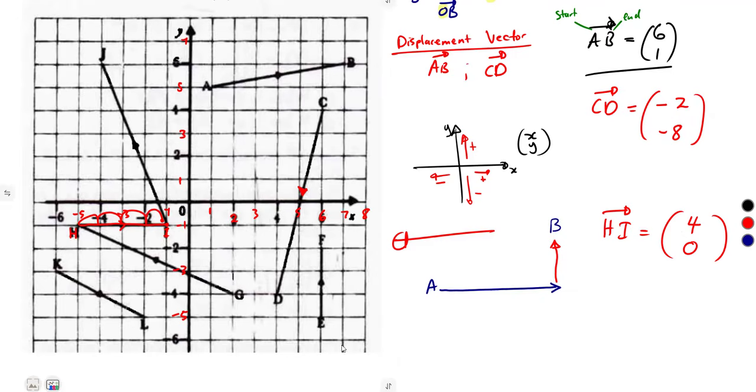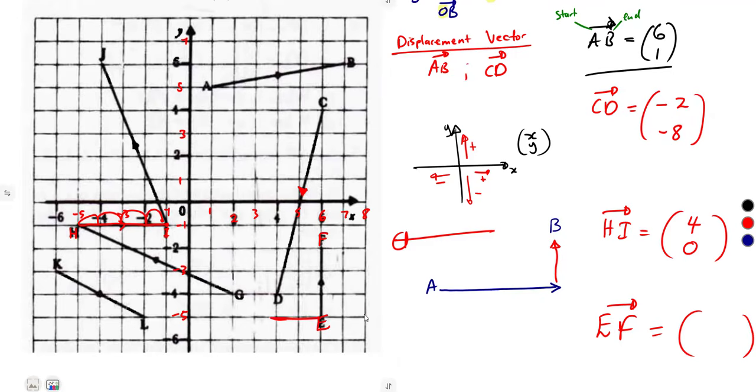All right? This is a similar, but just opposite to here from this one, vector EF. This is E, and this is where point F is. So if you were to consider vector EF, how many units are you going to move in the X-axis? There's no movement. Because where point E and where point F is, they are vertical, it's on the same line.